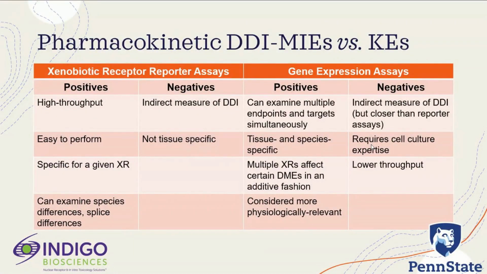So as we look at this and try to understand the pharmacokinetic drug-drug interactions, thinking about molecular initiating events versus the key events, what are the positives and negatives? Both of these assays are relatively high throughput, but certainly these reporter assays are much higher throughput.